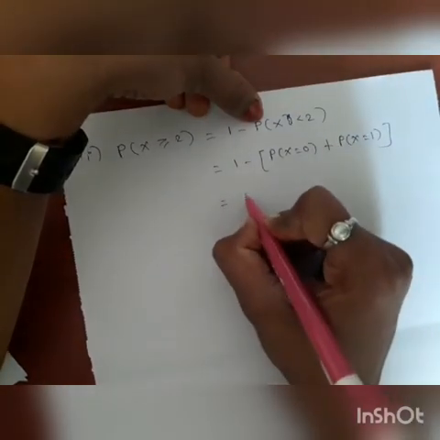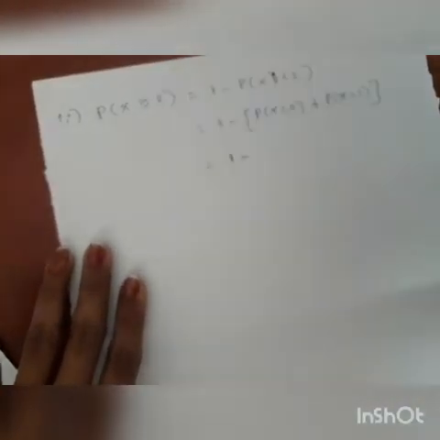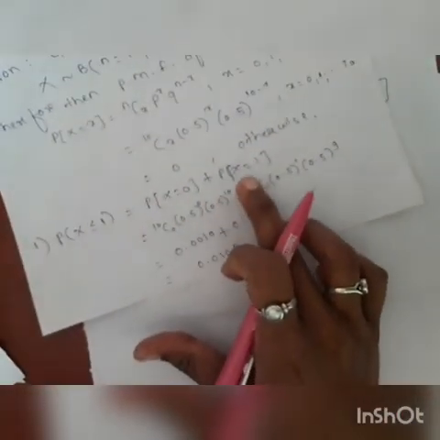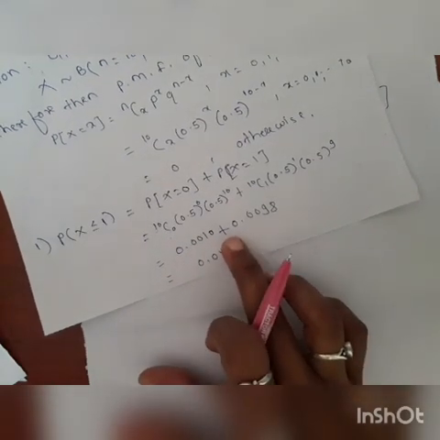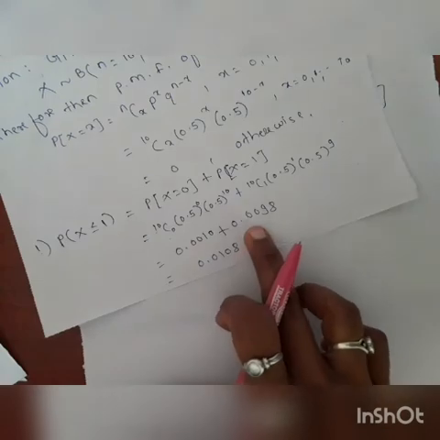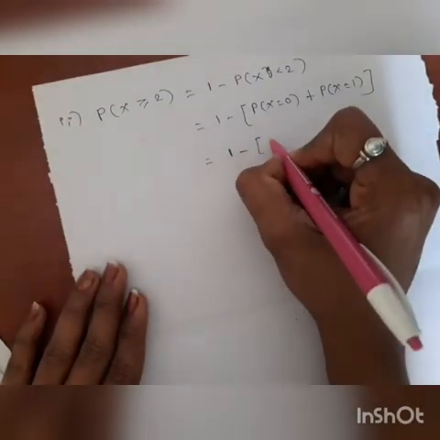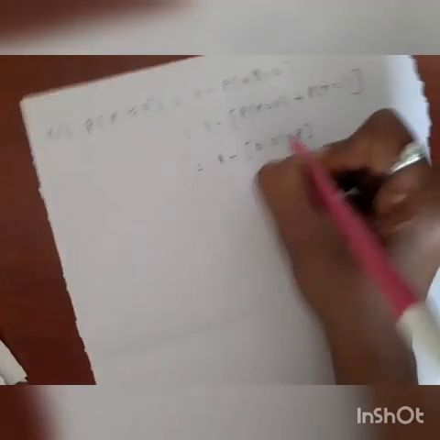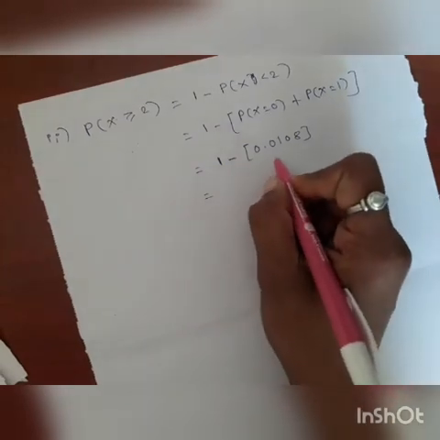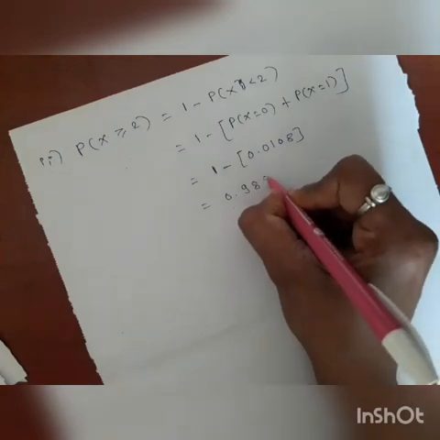In the last condition we calculated P(X equal to 0) as 0.0010 and P(X equal to 1) as 0.0098, and the addition of these is 0.0108. So 1 minus 0.0108 is 0.9892.